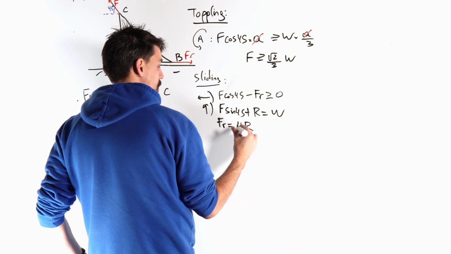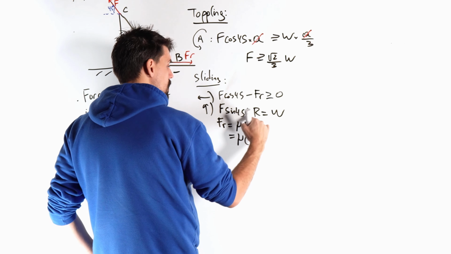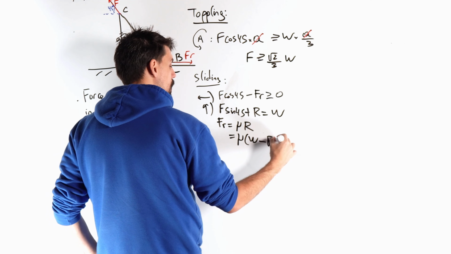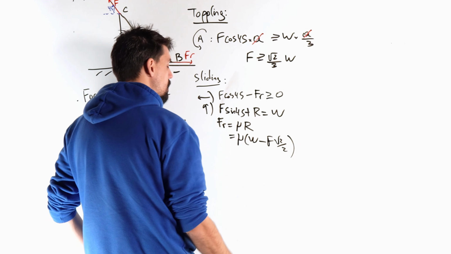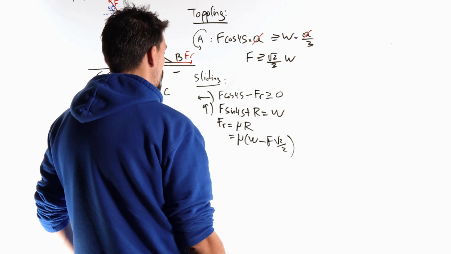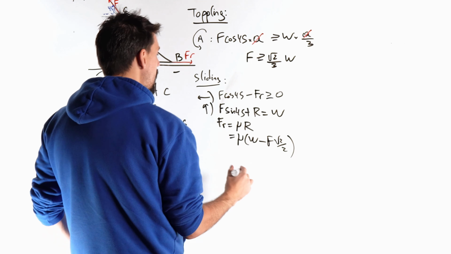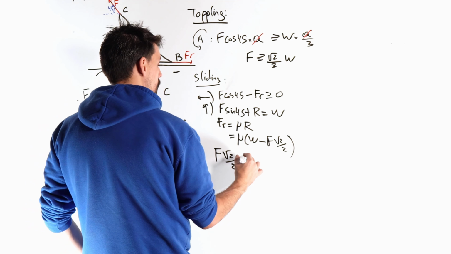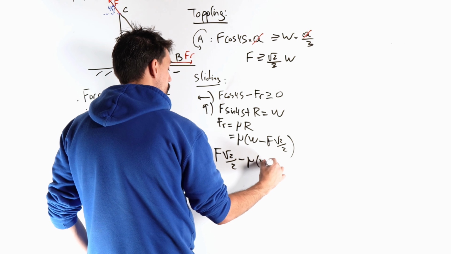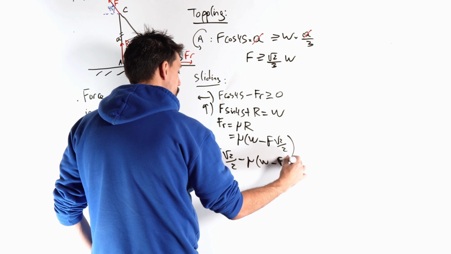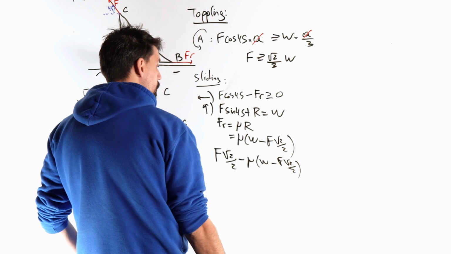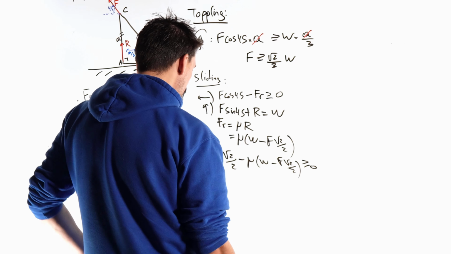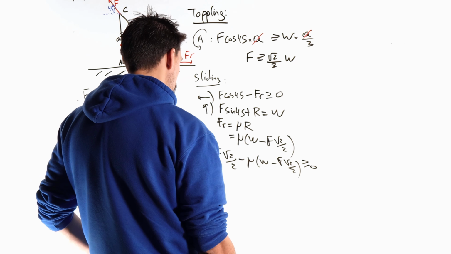Now let's start rearranging this. So friction is mu times R, which is W minus F sine 45, which is root 2 over 2. Let's not get silly about this. So let's pop that into there, which is F times root 2 over 2 minus mu times W minus F root 2 over 2. And that's got to be positive. Well, we want to get F out of this.